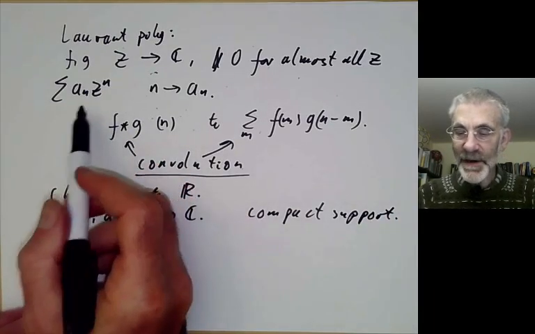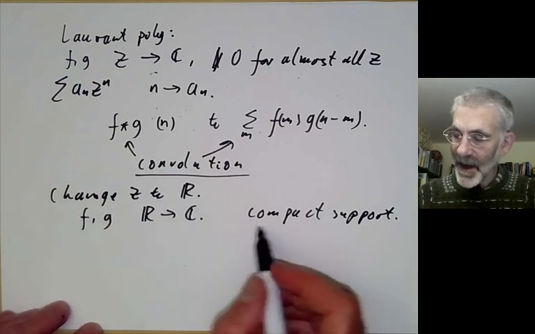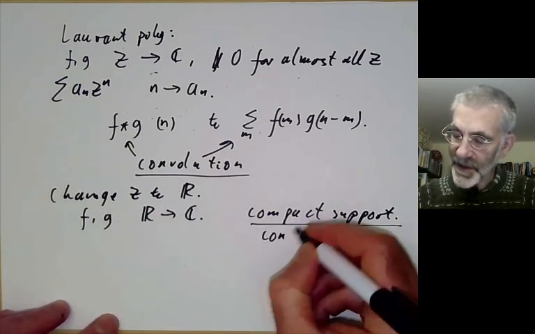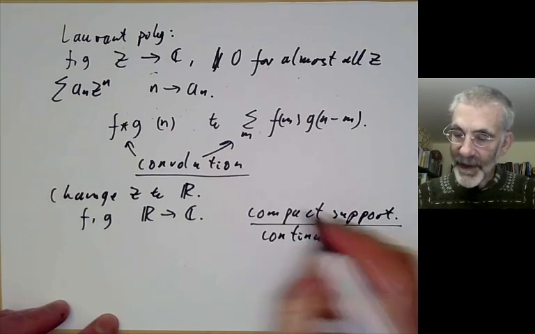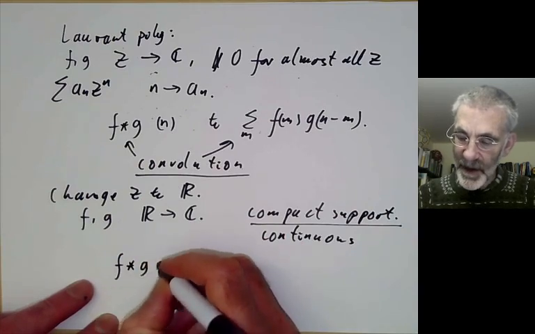I'm now going to try and define the group ring in the same way, except I'm going to take the topology into account, and instead of saying these functions have finite support, I'm going to say they have compact support and are continuous. Then I'm going to define the multiplication in the same way, f star g of x.